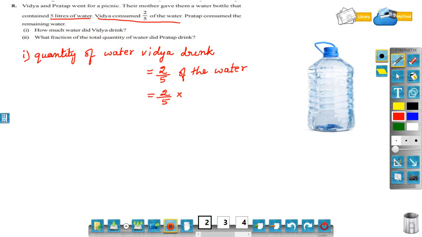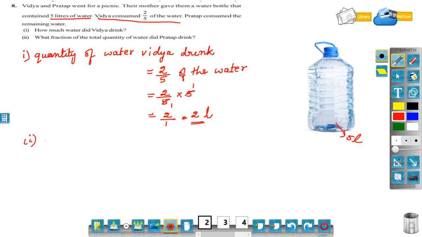So multiply the water. What is the quantity of the water in the bottle? This is a 5-liter bottle. So the quantity of water in the bottle is 5 liters. So 2 by 5 into 5. See here, 5 ones are 5, 2 into 1 is 2 by 1, that is 2. So Vidya consumed 2 liters of water.